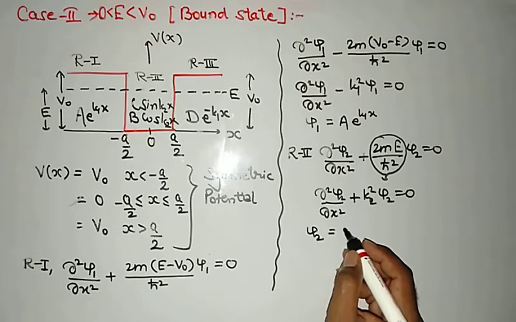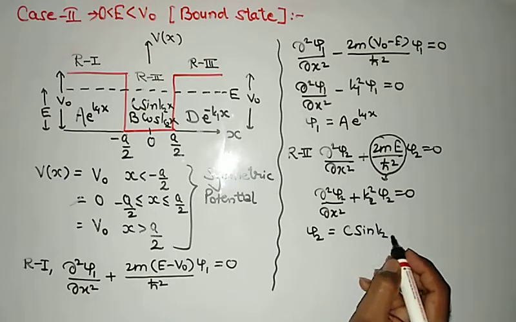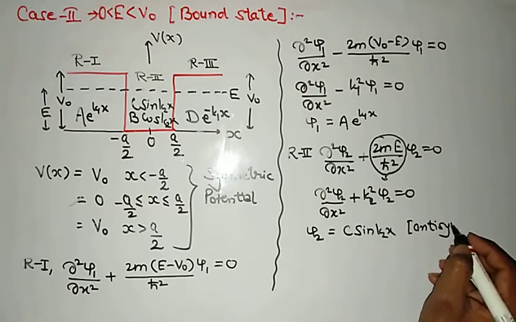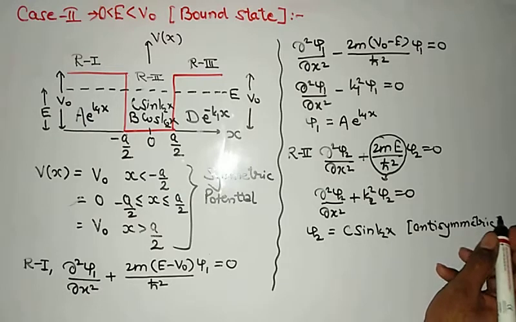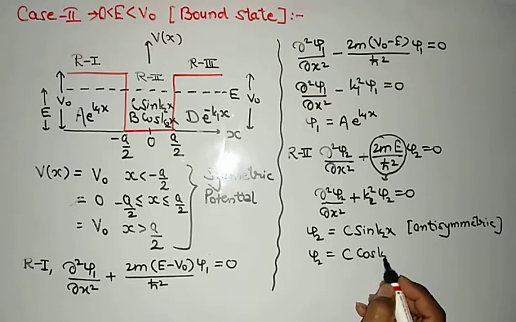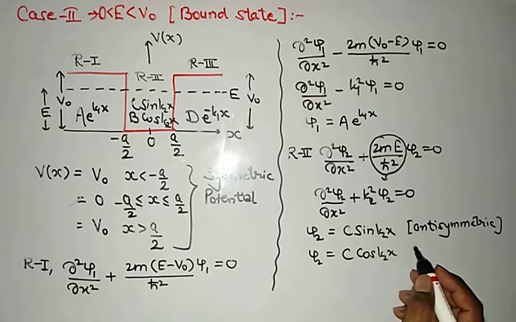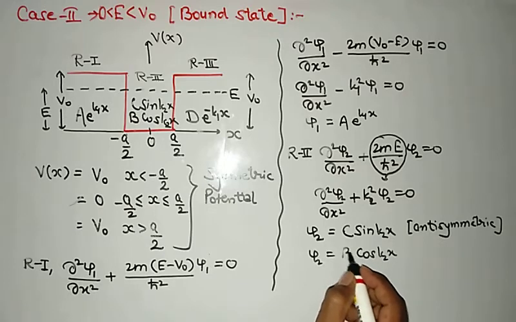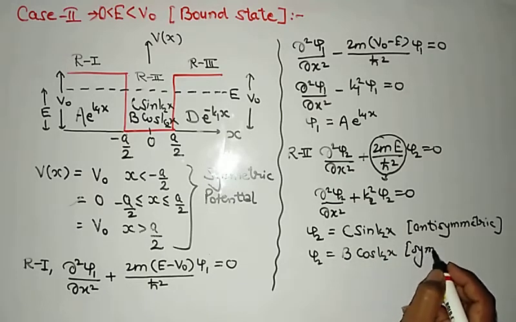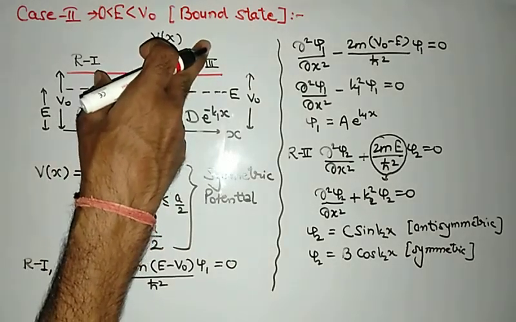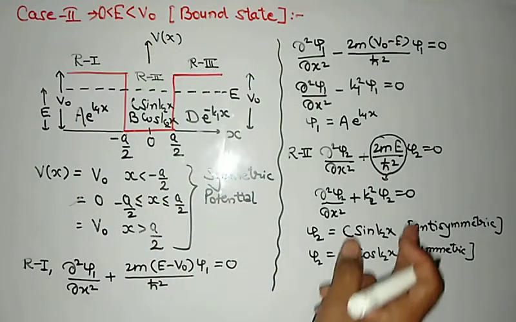So psi 2 is c sin k2x for antisymmetric, or we can write b cos k2x, this is for symmetric, because in a bound state there is a theorem that the wave function may be symmetric or antisymmetric.